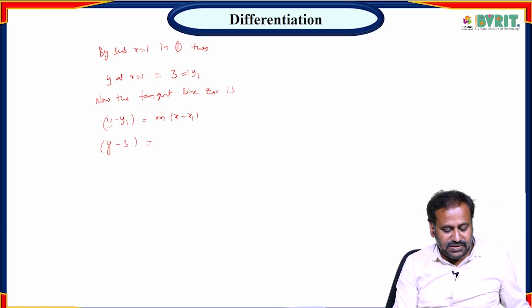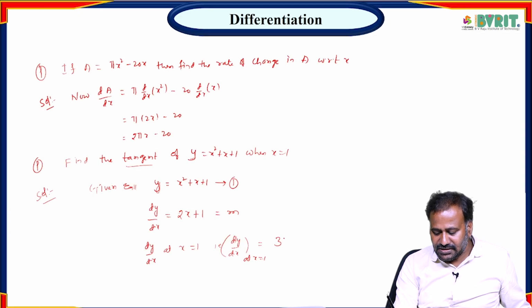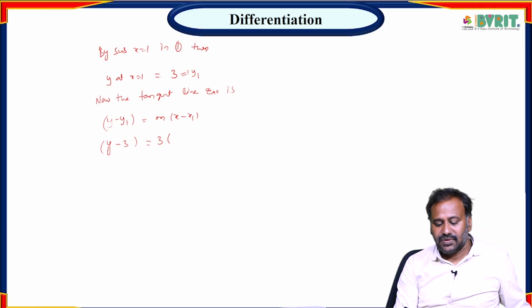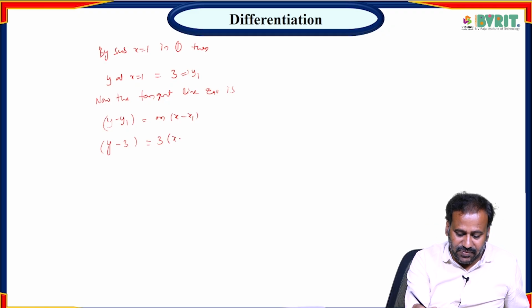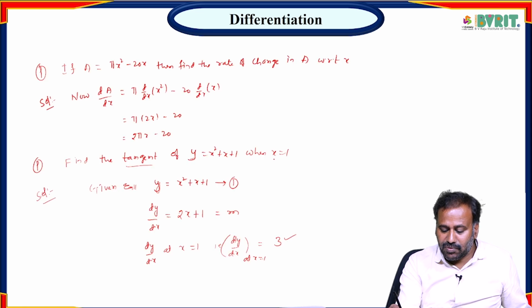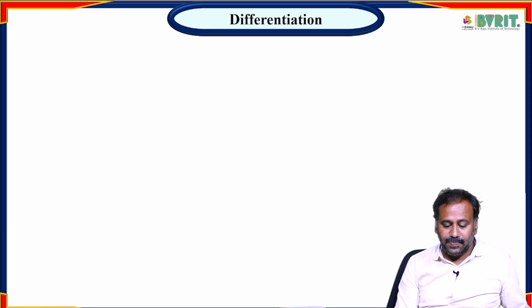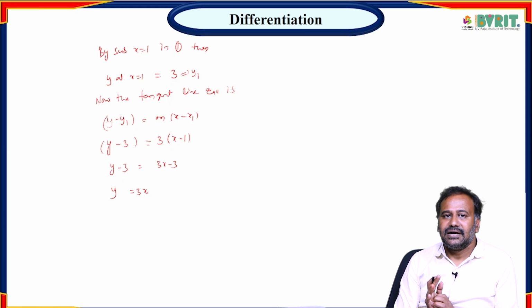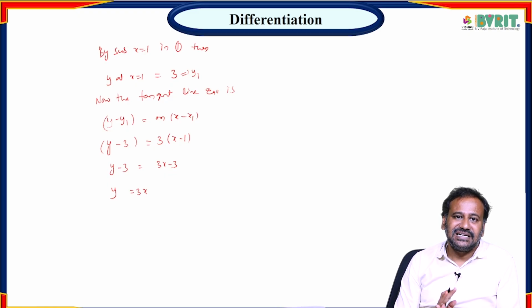M, the slope value we have just calculated, so that is also 3. Next, x minus, at what point is it asking us to calculate, at what value of x according to the problem, that is x is equal to 1. So that's why I am substituting here x is equal to 1. So y minus 3 is equal to 3x minus 3. So y is equal to 3x. So this is the required tangent line equation.